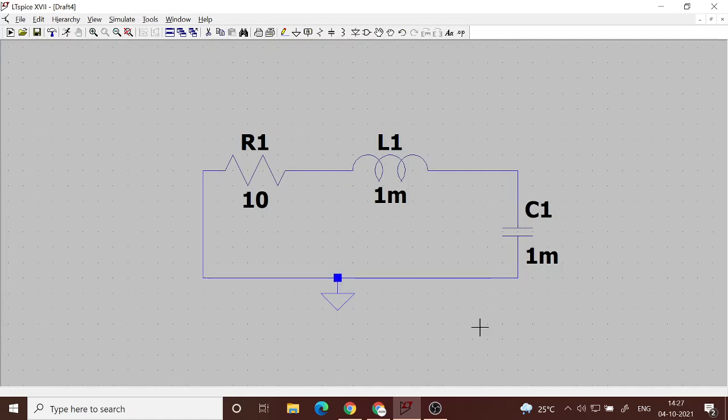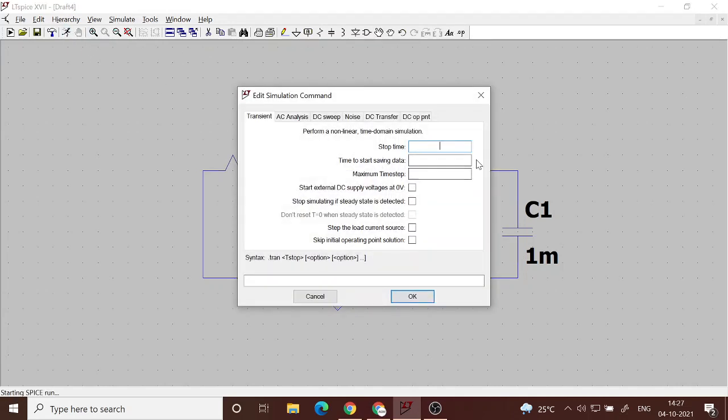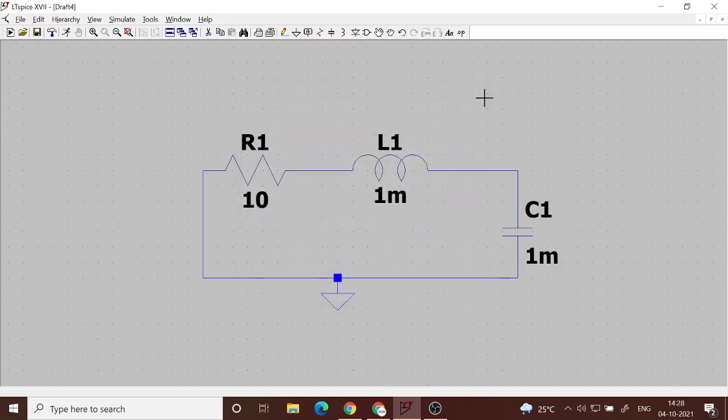So I just connected this. So if I now do a simulation on this transient analysis, I should not get any waveform. No decaying current, voltage, nothing. Okay, so let's check that. Run. So what should be the time scale I should consider here?